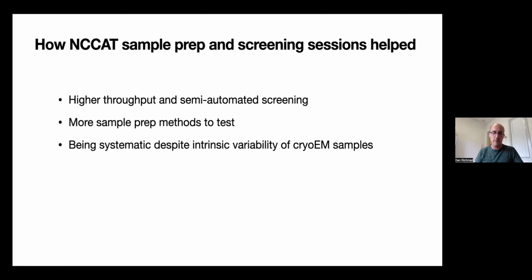And what I really learned through these screening sessions was no, even though it can be frustrating and there's still a lot of messiness in cryo-EM, be systematic, change one thing at a time, and carefully move toward a grid, a particle shot that is looking good. Of course, like I said, it depends in a lot of ways on having high throughput. Being able to even do automated screening overnight, like I could do at NCCAT, for example.